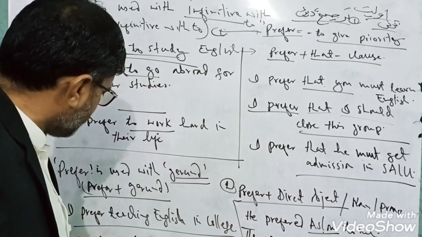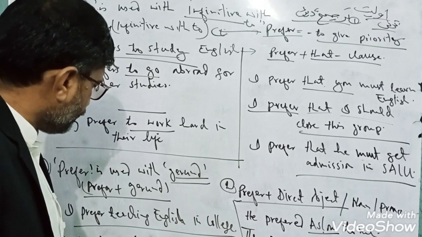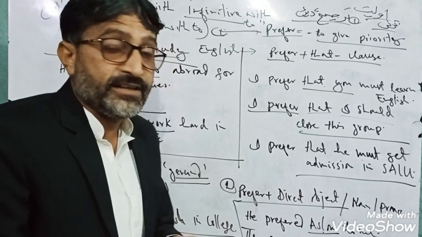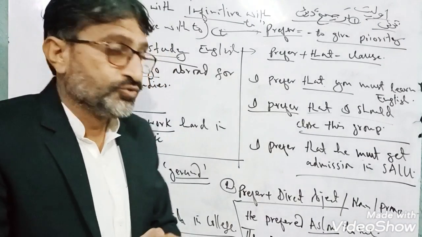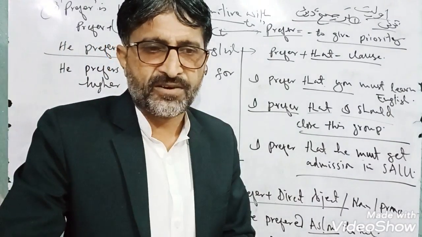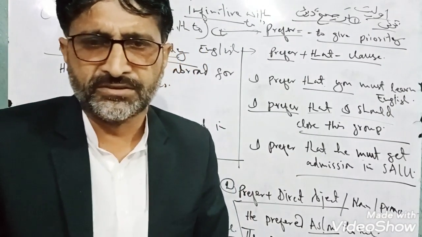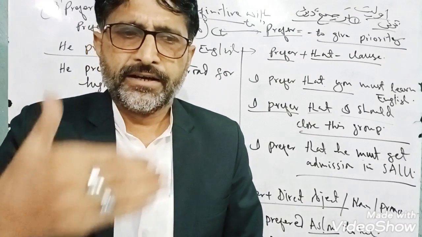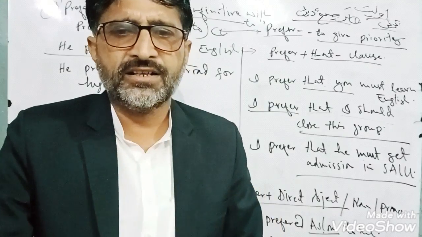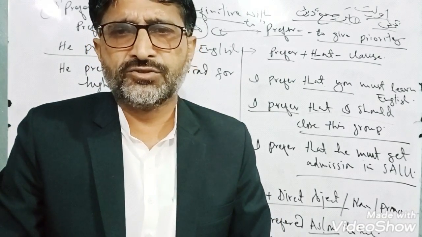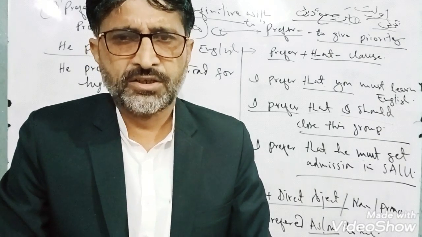At the last we have a sentence: You prefer learning all subjects for appearing in exam or in CSS. Here learning is a gerund and prefer is a verb, and that gerund is in coordination with the verb prefer. That is very interesting to be used in this structure.